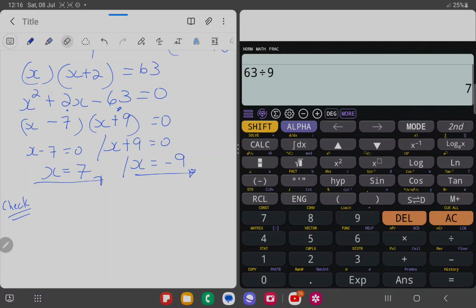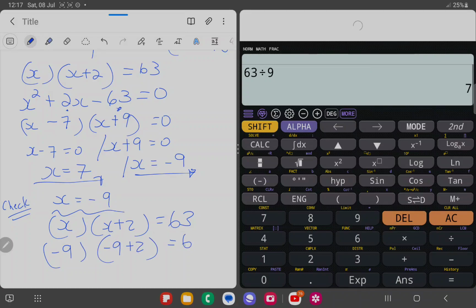Now let us check when x is equal to -9. We're going to check when x is equal to -9 in x times (x plus 2) is equal to 63. In place of x, we put in -9: -9 times (-9 plus 2) is equal to 63. What is -9 plus 2?